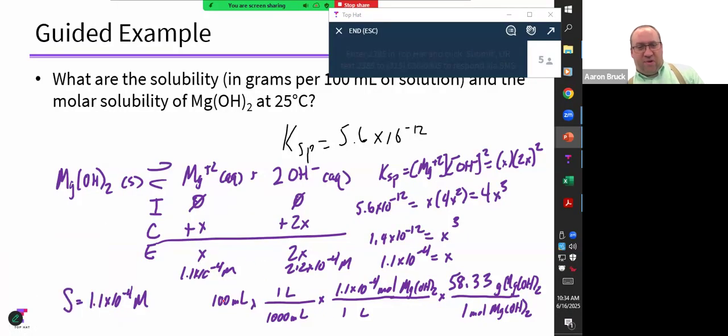Double check my math, make sure everything's canceling. Milliliters are gone, liters are gone, moles are gone. So I'm left with grams in 100 milliliters, which is what I wanted. So 100 times 1.1 times 10 to the negative fourth times 58.33 divided by 1,000.